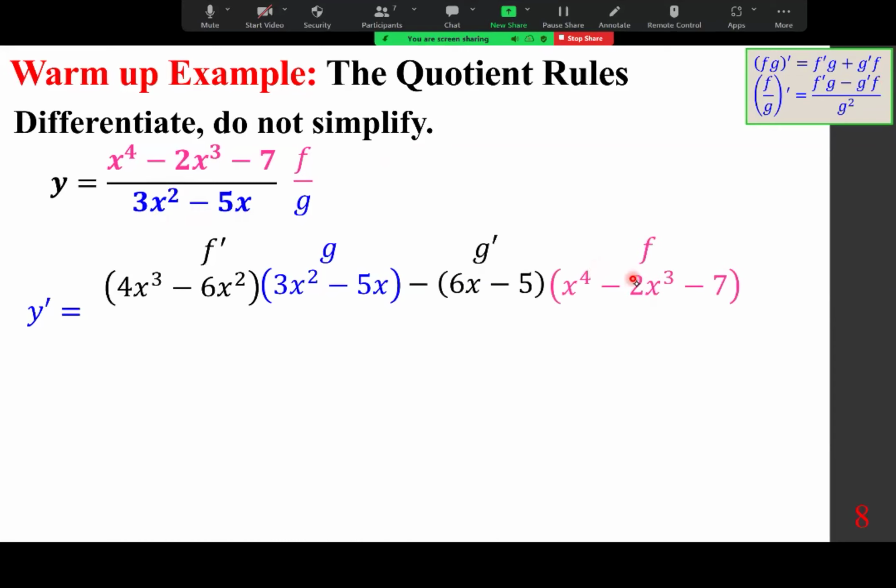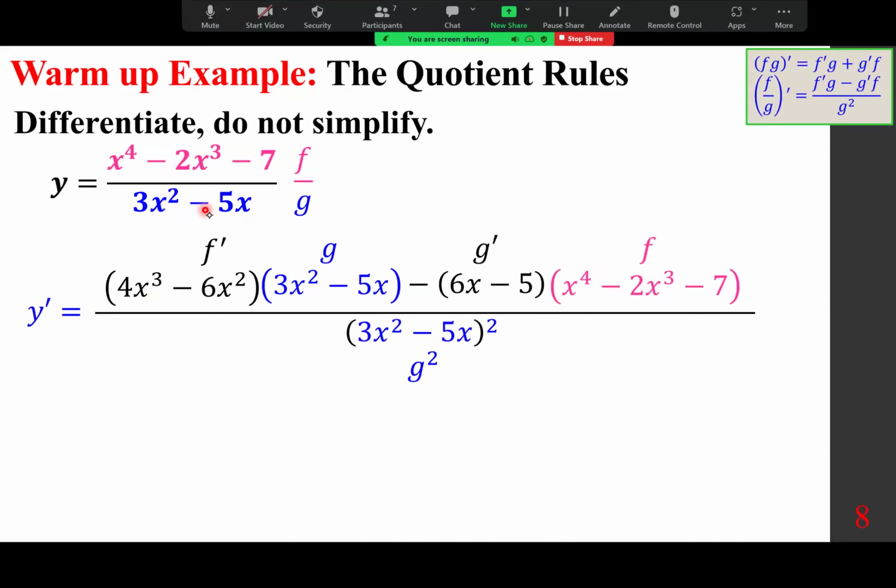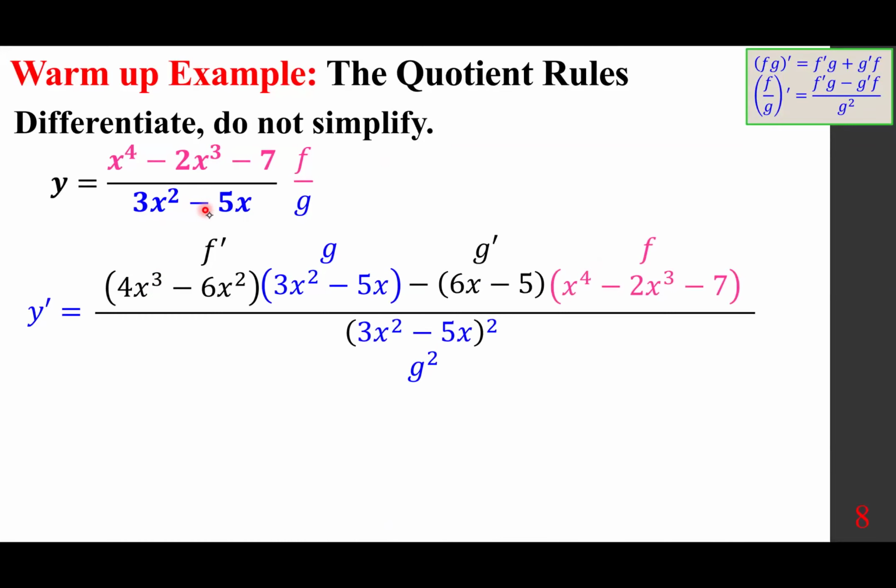And in the denominator, you put the same denominator and square it. So you put it in parentheses, squared. It's that simple. And of course, we're done with calculus. Now you use your algebraic techniques to finish the job.